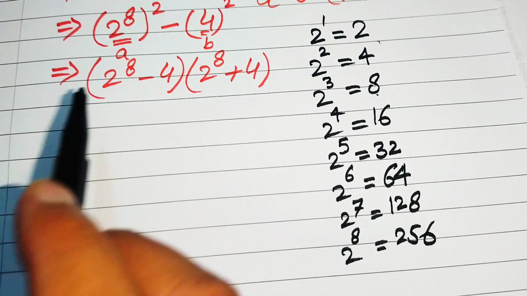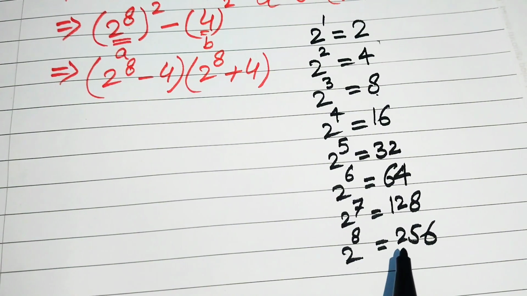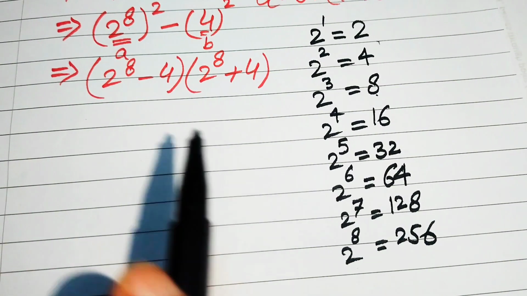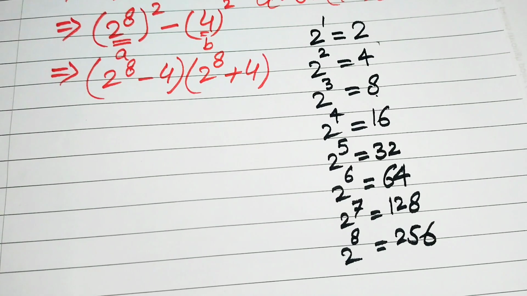So 2 to the power of 8 is equal to 256, and we replace this value in both of these terms.